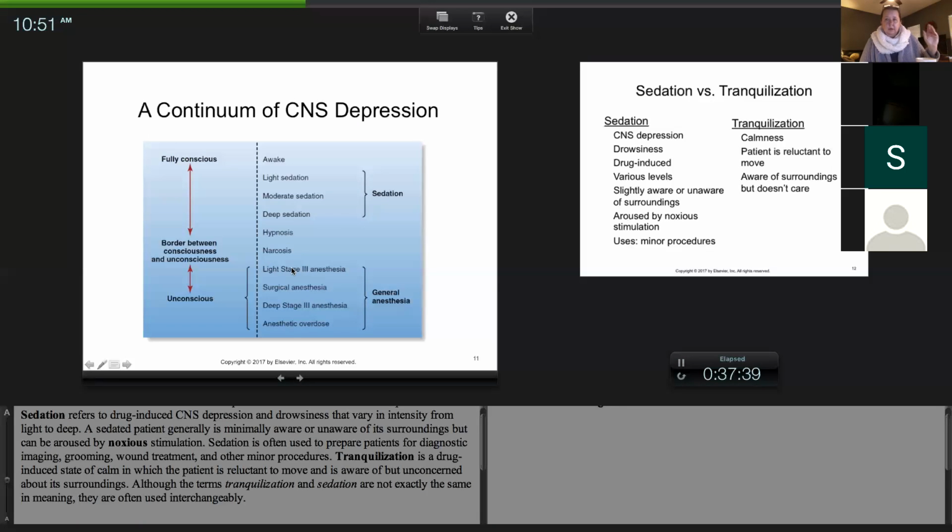Okay. When they're awake, there's something called stage 1. Then there's stage 2. Then there's stage 3. When we get into stage 3, that is getting very deep. Now, stage 2 is something called the excitement phase.